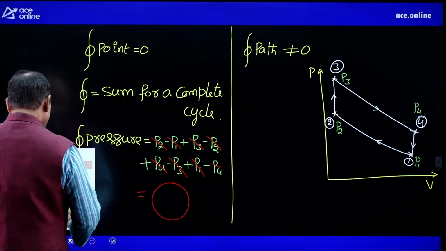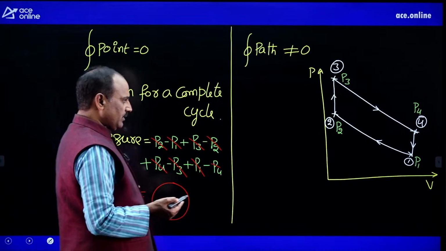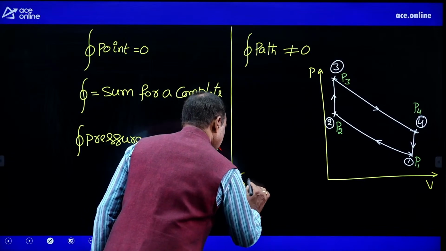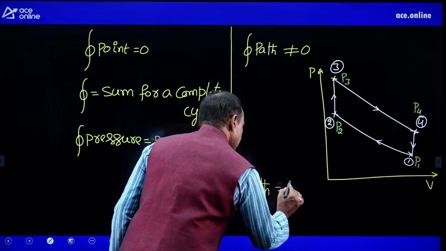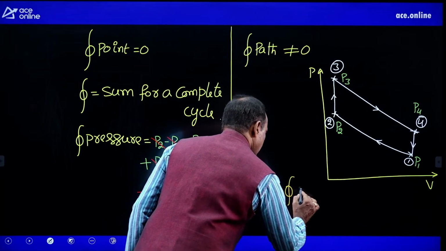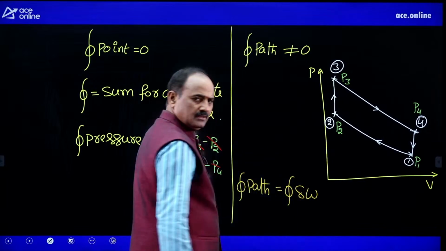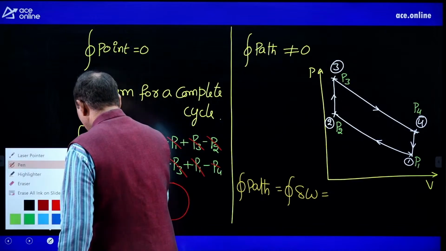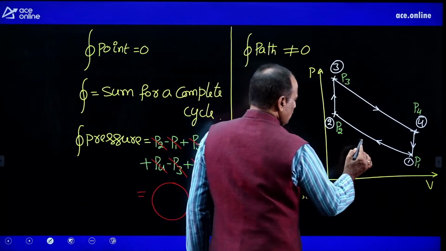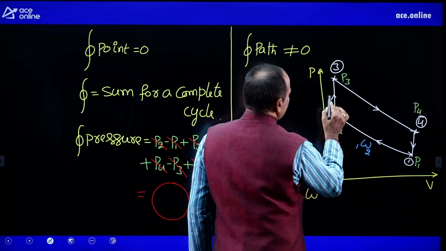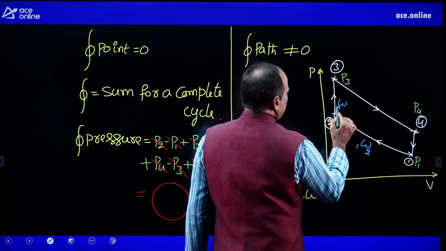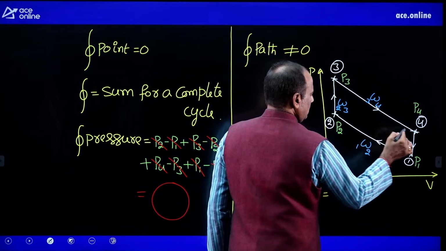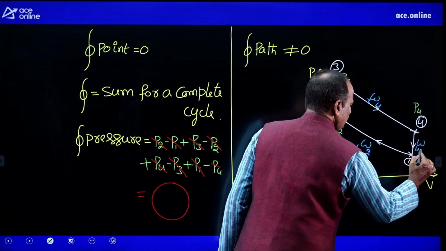Whereas the cyclic integral of a path function quantity, like thermodynamic work, cyclic integral del W, is equal to, assume the work interaction for the 1 to 2 process W1-2, for the 2 to 3 process W2-3, for the 3 to 4 process W3-4, for the 4 to 1 process W4-1.